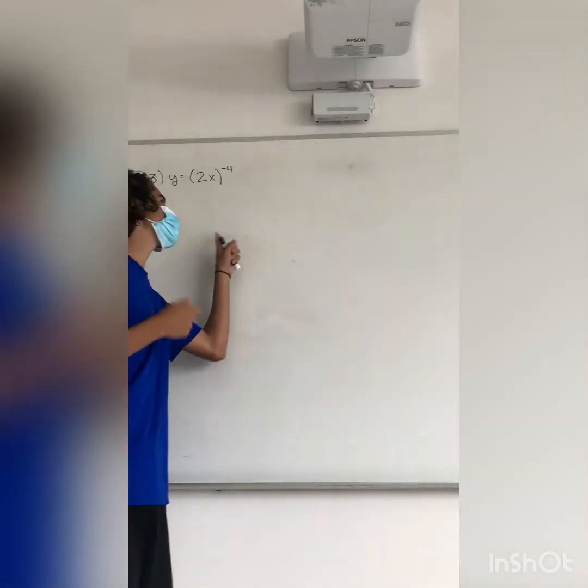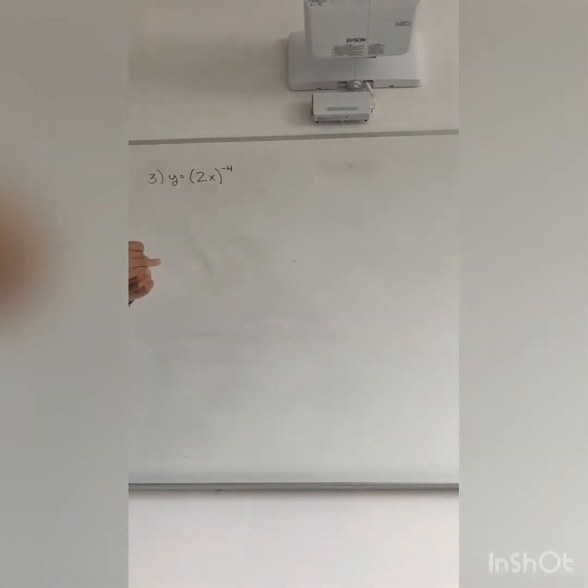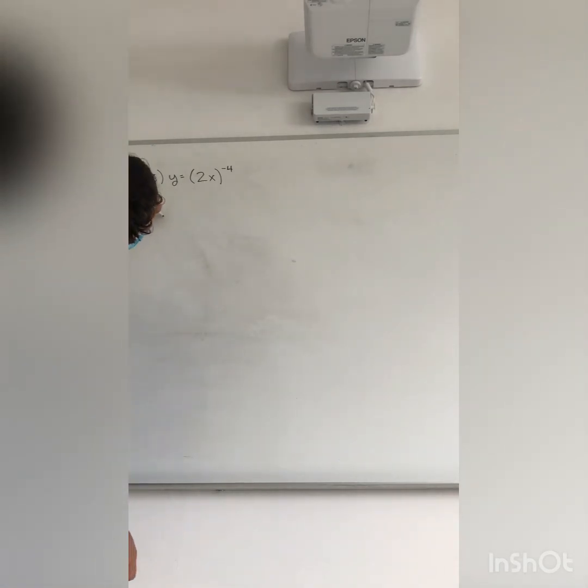Now this is my third and last exercise of the quiz. And first we need to derive this, so we can go by 1 over 2x to make this -4 positive.